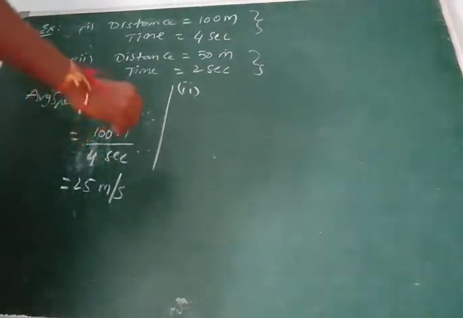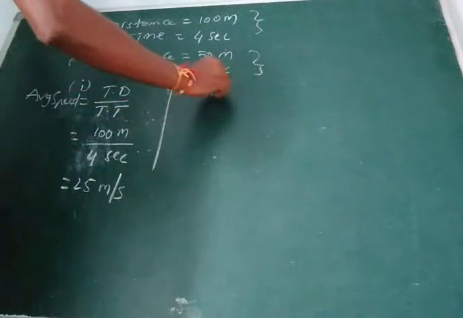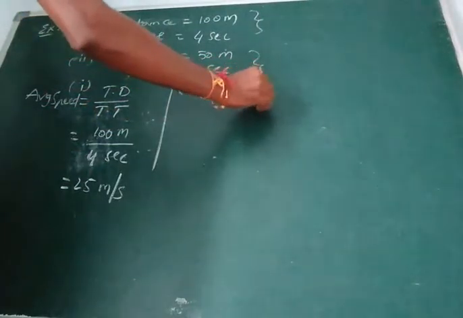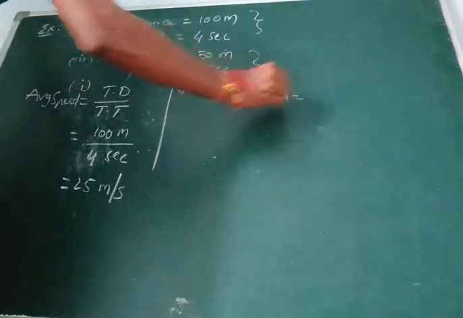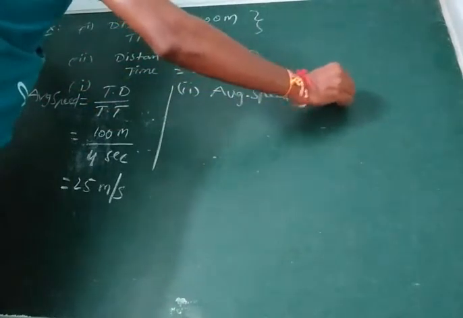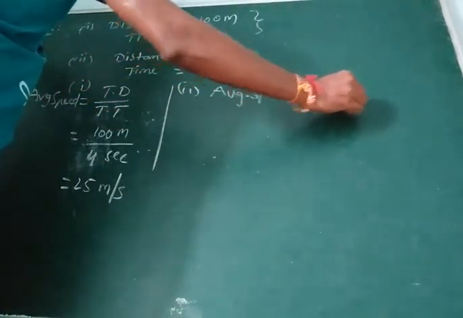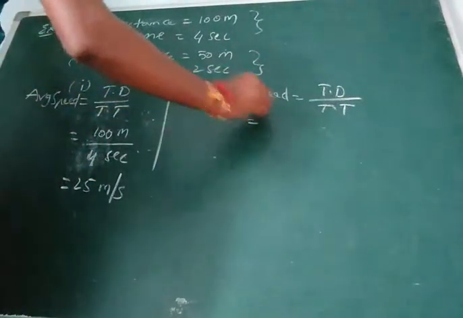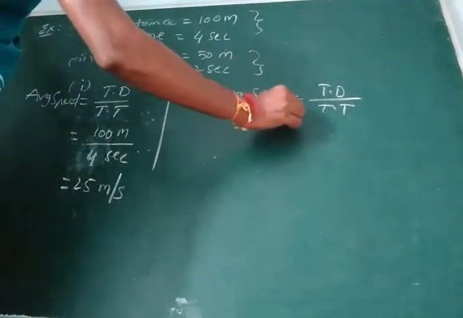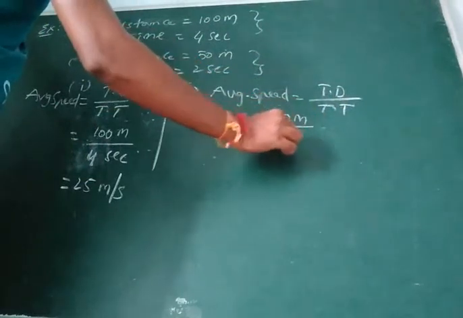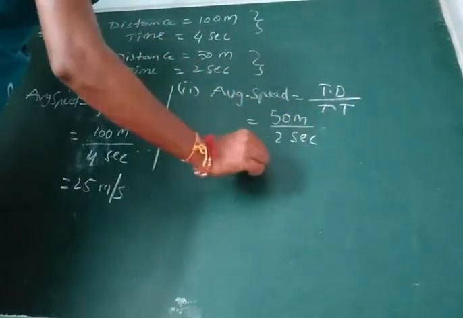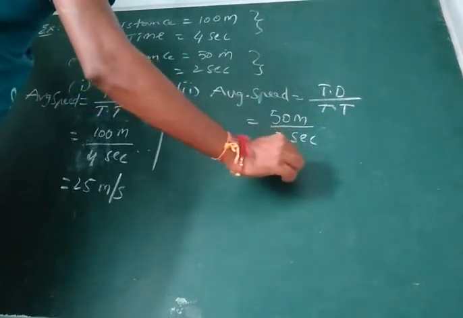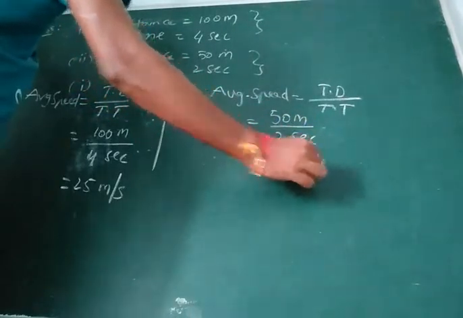Next, second case, average speed is again total distance by total time taken. The total distance traveled in the second case is 50 meters by 2 seconds. If you cancel it, you will get 25 meters per second.